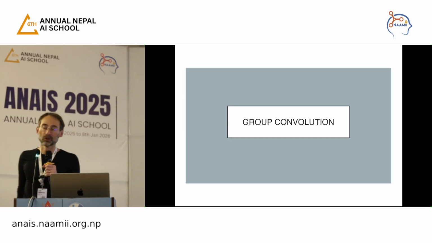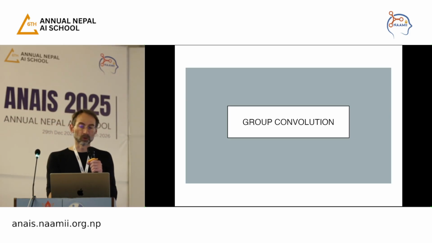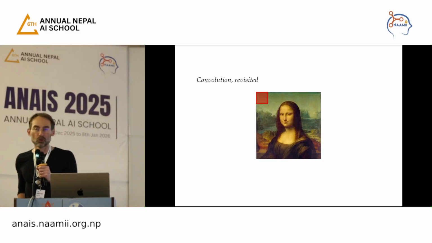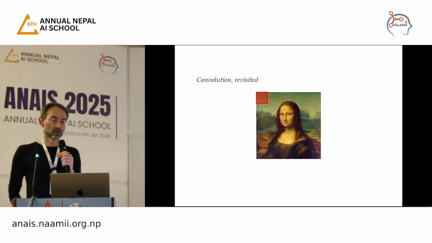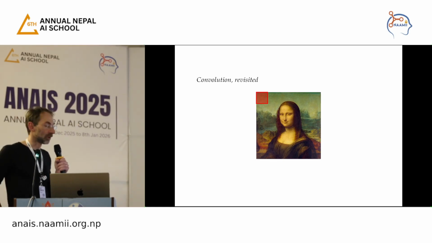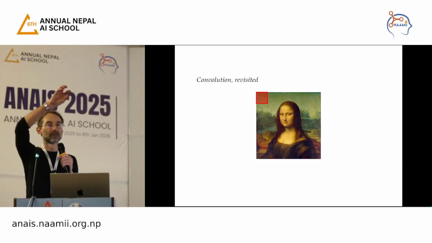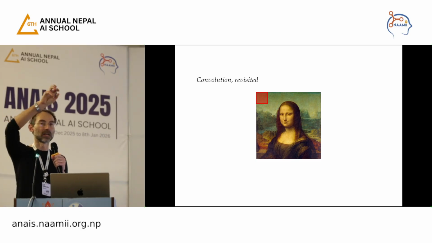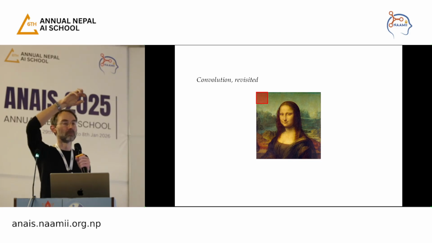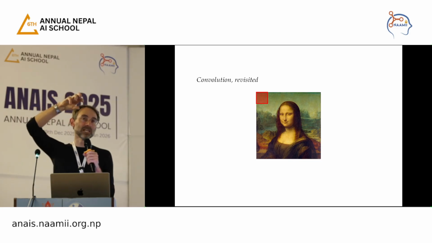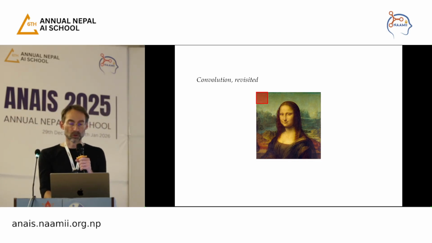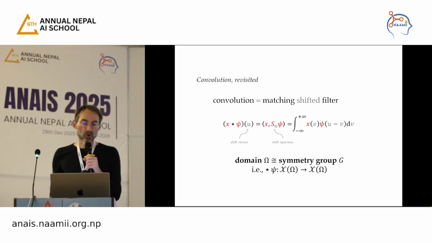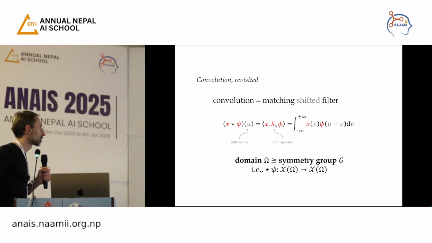Okay. So the last thing I want to mention, I briefly alluded to it: the way we look at the convolution and how it can be generalized to other groups. The way to think of convolution is as a sliding window. I extract a patch of pixels from an image, multiply it by some weights that are learnable in a convolutional neural network, and I move it to a different position. In other words, convolution is matching of a shifted filter.